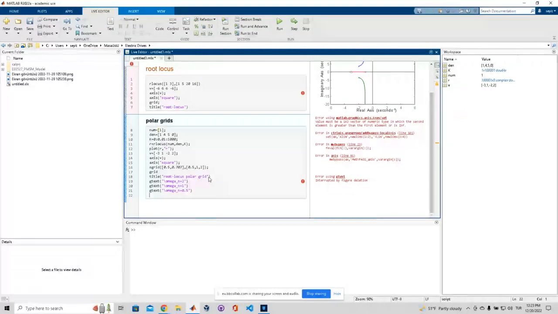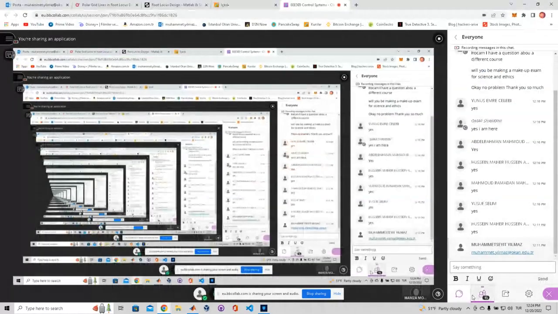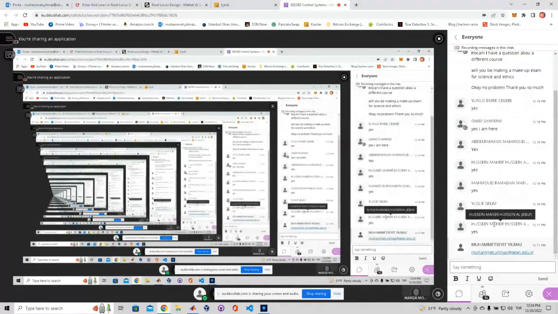Okay, now. Okay, any question till here about how we get the root locus of the function? How we find the poles and zeros?